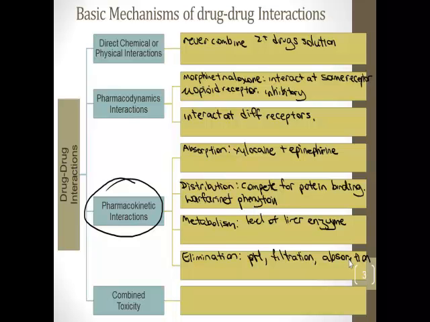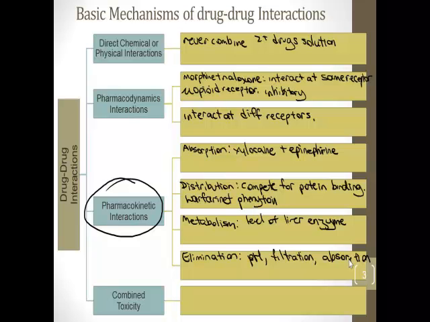So if drug A increases elimination, right, it speeds up the renal excretion process, then if that person takes a second drug, that second drug gets eliminated a lot quicker, and so the therapeutic effects of the second drug don't last as long.